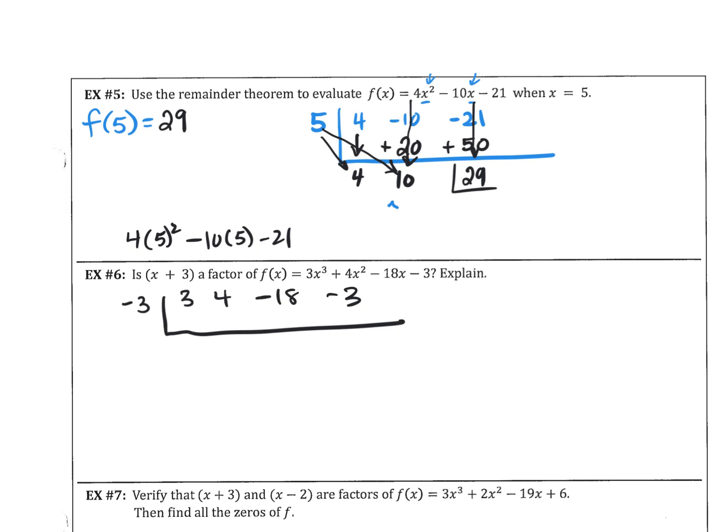The last one's always the remainder. Yeah, sure is.